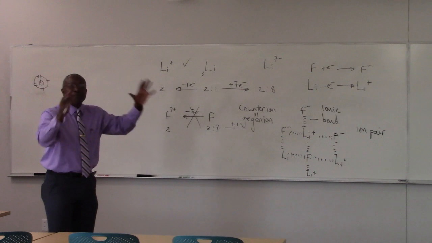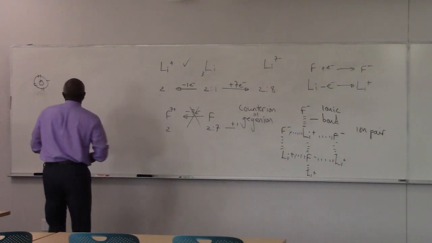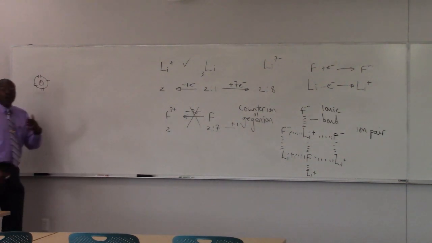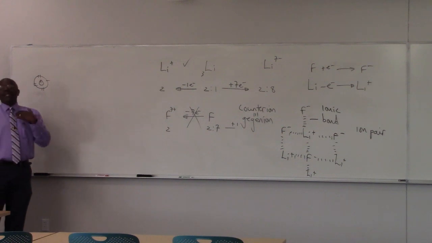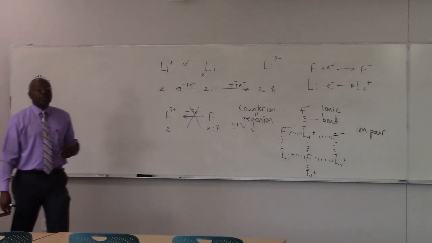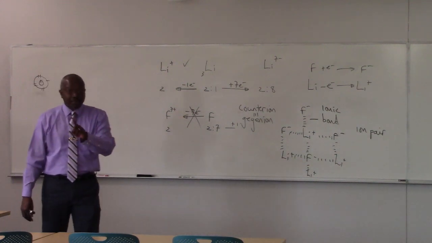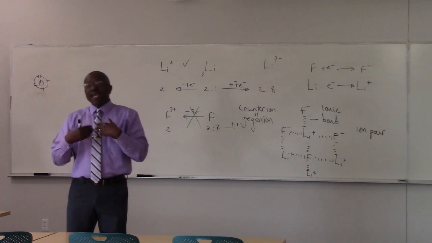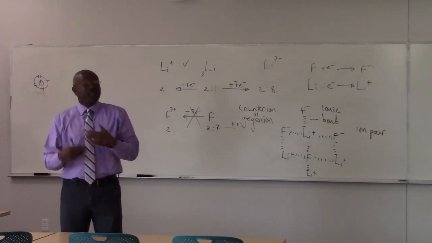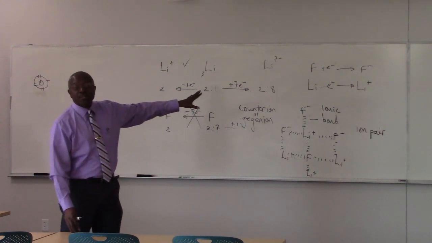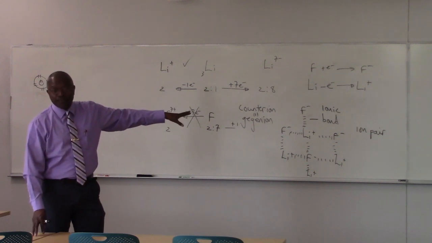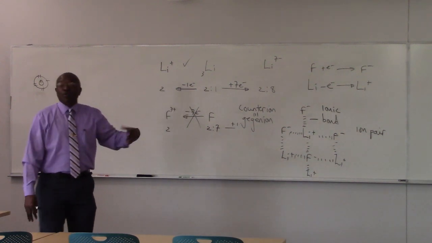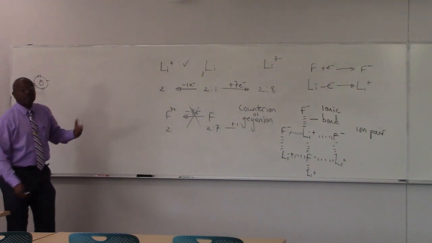These are all very diffuse electron clouds. Although fluorine has the option of simply gaining an electron to become F minus, that process only occurs if there's somebody, a metal, who can give it the electron. Because for me to gain an electron and become F minus, which gives me a noble gas configuration, I need an electron donor. But I don't always have those. I don't always have metals.